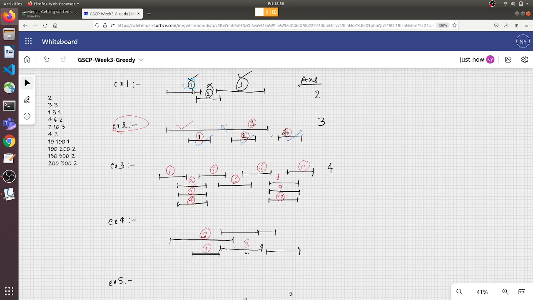So first we will pick 1, and this will discard this because it is overlapping. Then after that the minimum is 3, we pick this, so we discard 4 because it is overlapping, and then we pick 5. So again we were able to pick 1, 3 and 5, and that is optimal, the answer is 3 here.